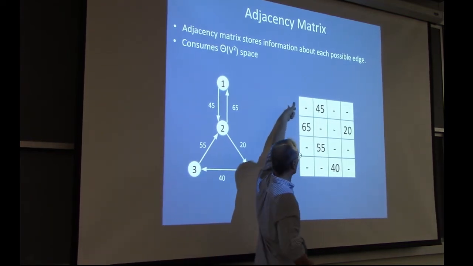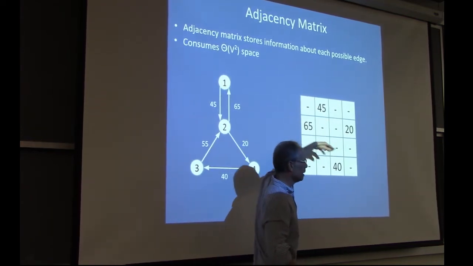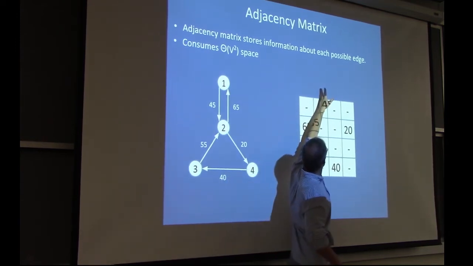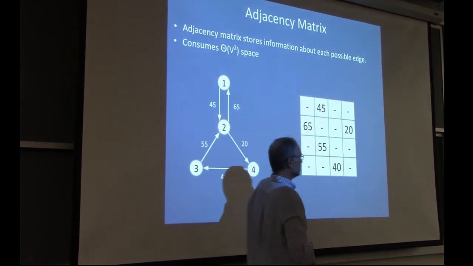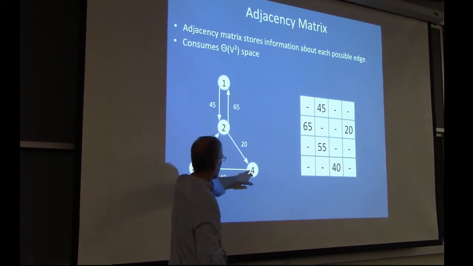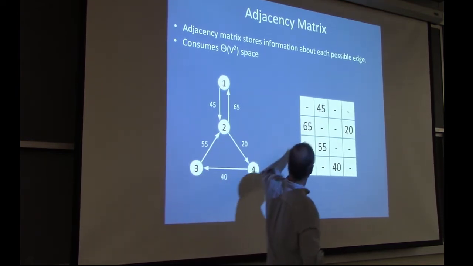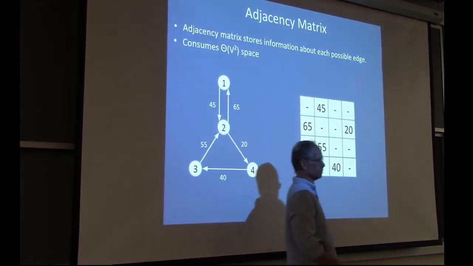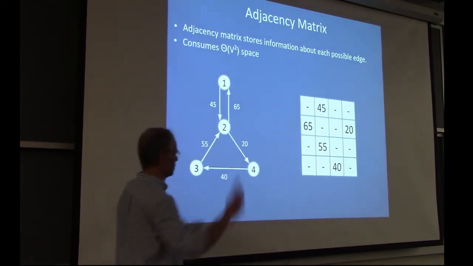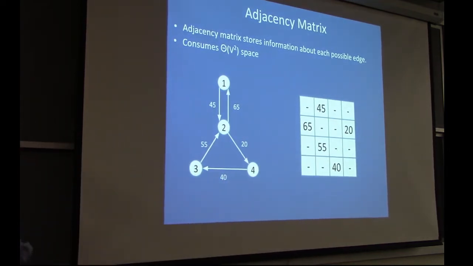Imagine this is indexed starting at 1. So from 1 to 2 is 45. From 2 to 4 is 20. So we store the weights and in the rest some null value or 0 or something, whatever is appropriate. So that's one option, adjacency matrix.